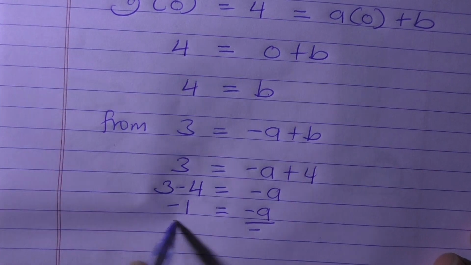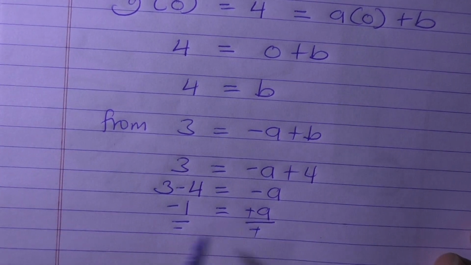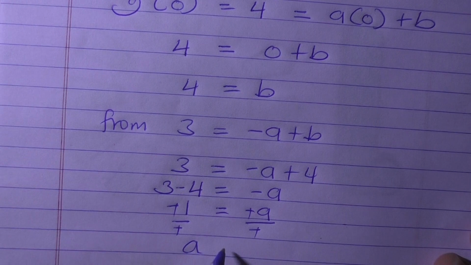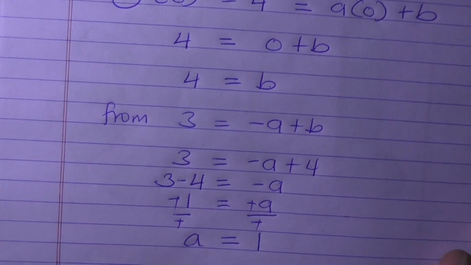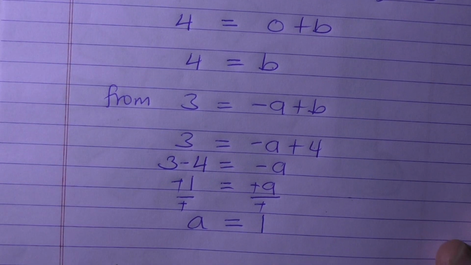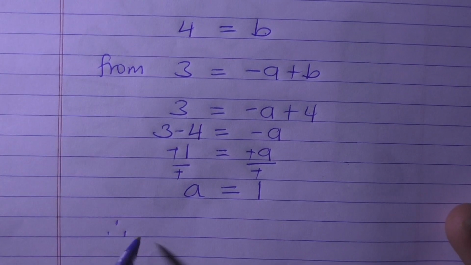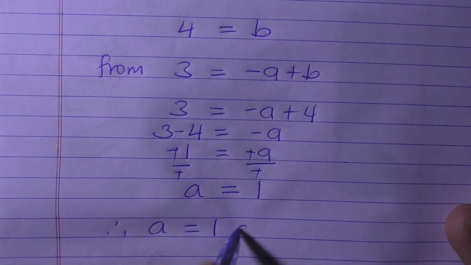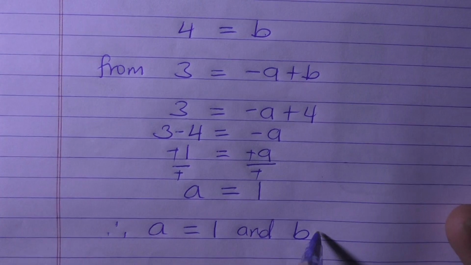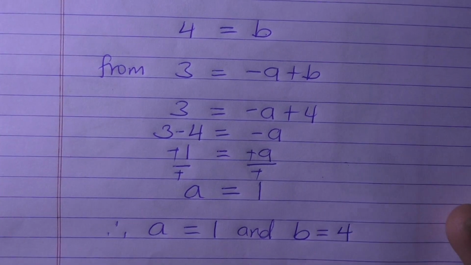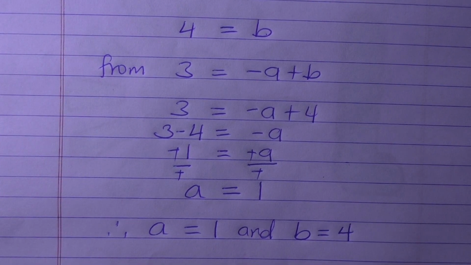We divide it through by negative, and we end up with the value of a as 1. So therefore our a equals 1 and b equals 4. Those are the values of a and b.